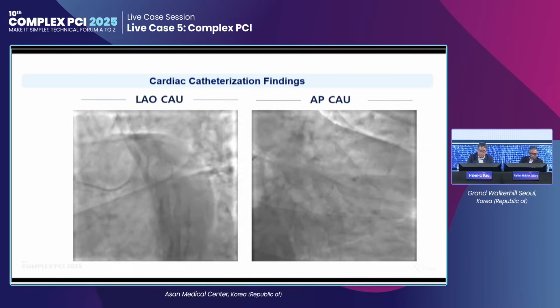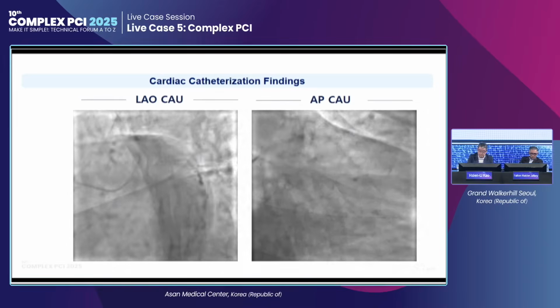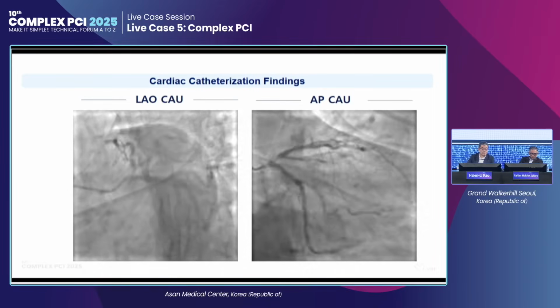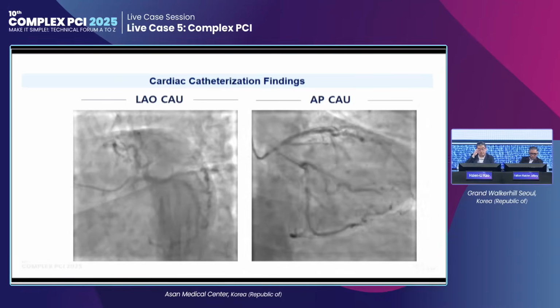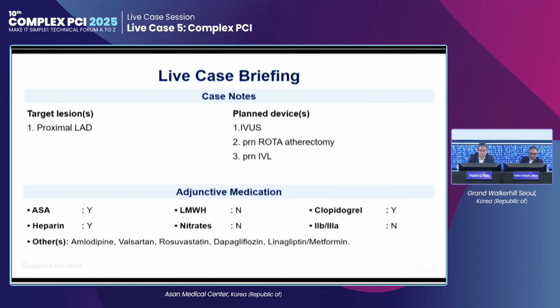On the caudal views, however, the proximal LAD is severely diseased, especially at the ostium, and calcific. Our plan for today is to tackle that proximal LAD lesion, IVUS guided, and to discuss the calcium modification techniques that we'll go ahead with.